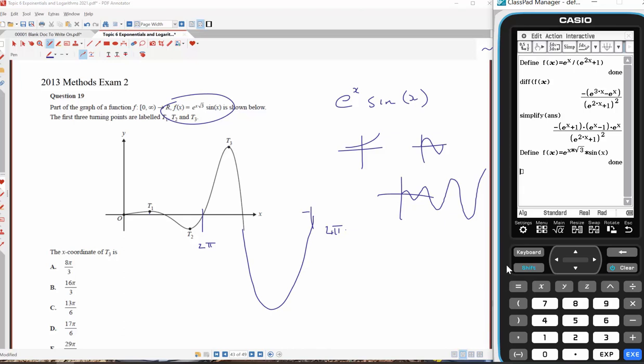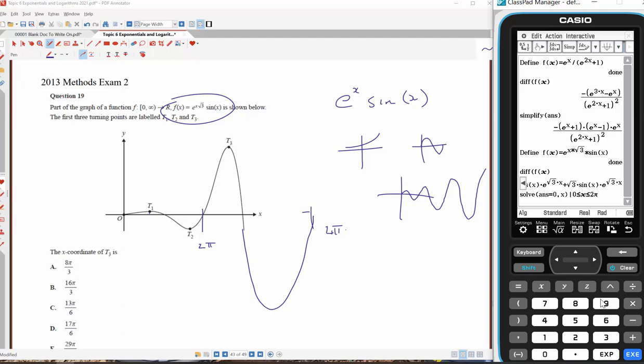Okay, so there's our function. So let's diff it. It's this huge thing, doesn't really matter what it is. Solve, Shift Ans equals 0 for x, please.